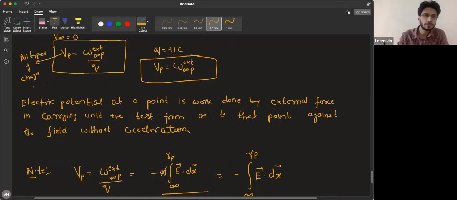See, this definition is very important. If you have work done, then take work done, divide that work done by the magnitude of charge, and you have potential.